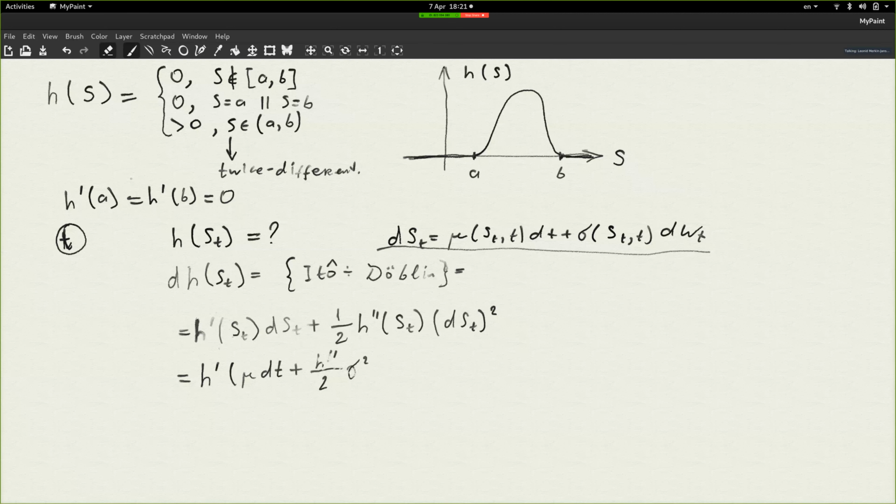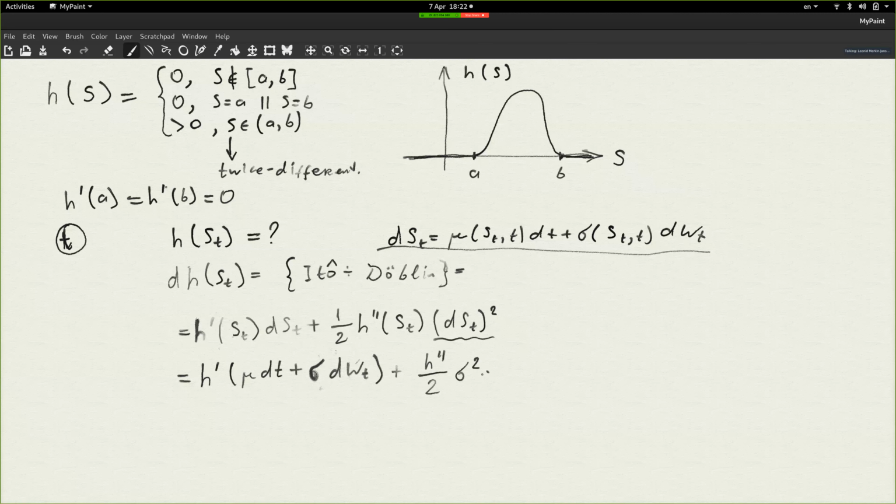So H prime mu dt plus sigma dWt, plus H double prime halved dST squared, which is sigma squared dt.